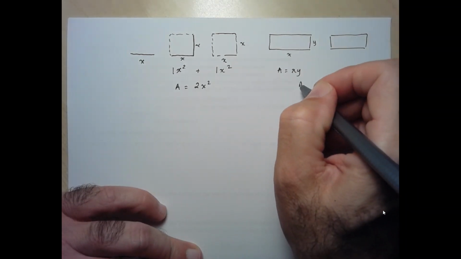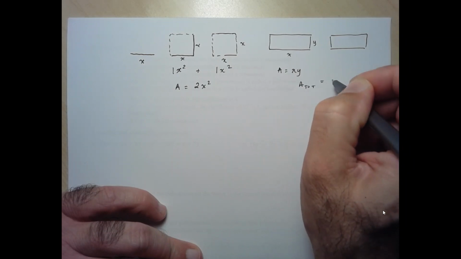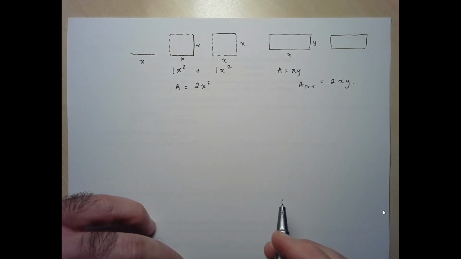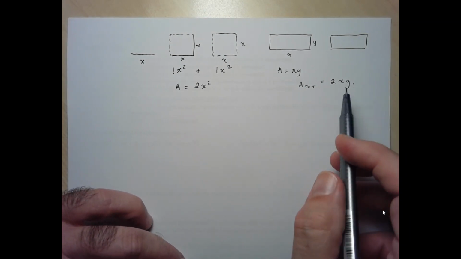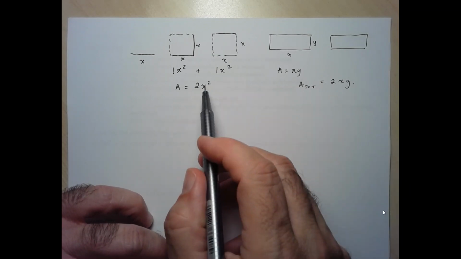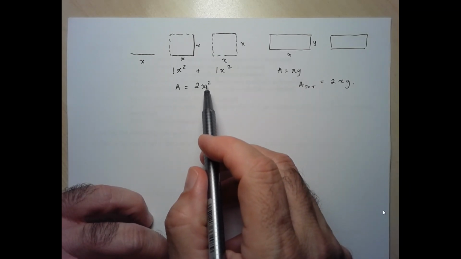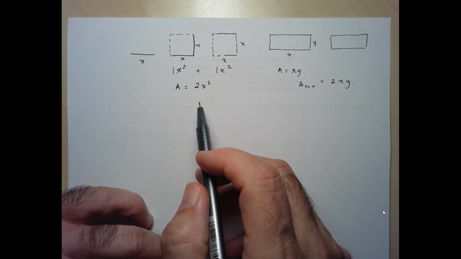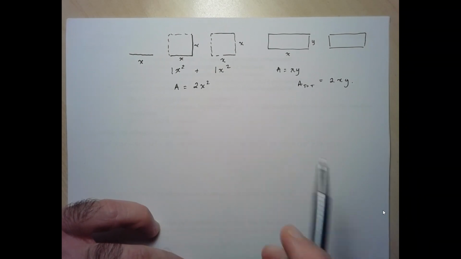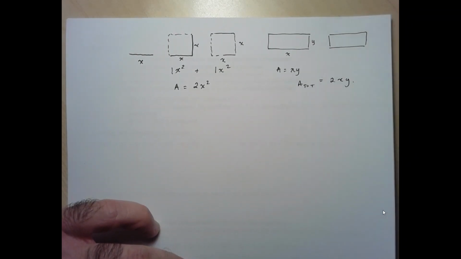So I can have the total area being 2xy, and so on and so forth. All right? So these expressions that involve the product of variables, numbers, and exponents or powers of variables are what we call terms.